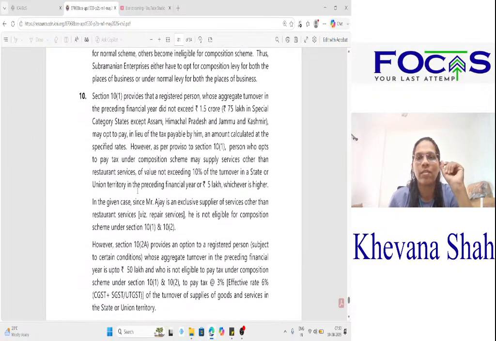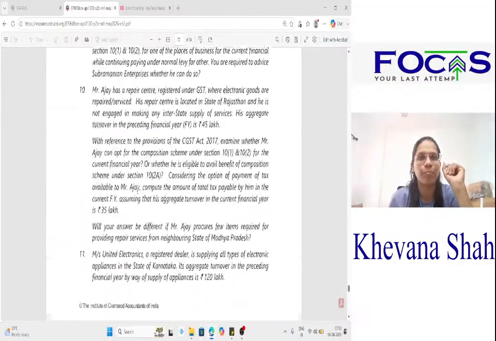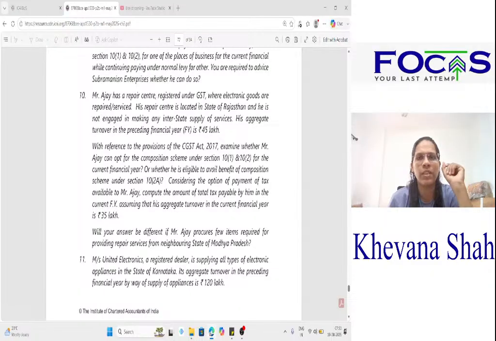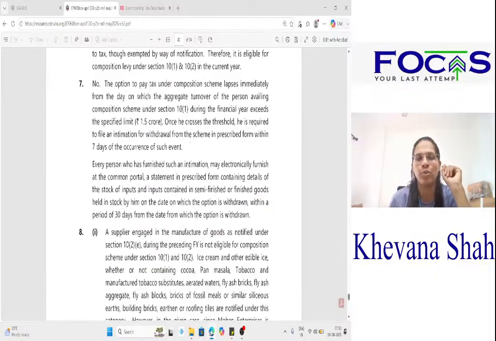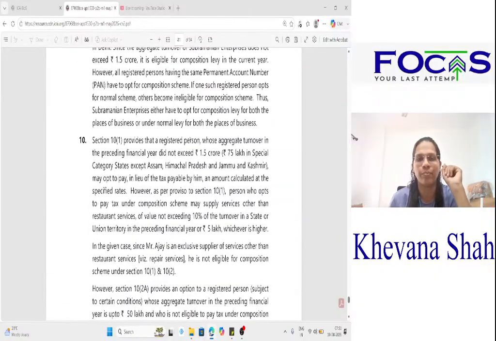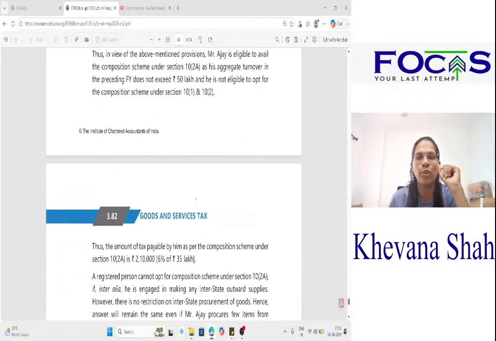Here in this question we were given that in the preceding financial year the turnover of Mr. Ajay is 45 lakhs. So it is not crossing the limit of 50 lakhs. So he is eligible to go for section 10(2)(a). He will be eligible to avail this composition scheme under section 10(2)(a).